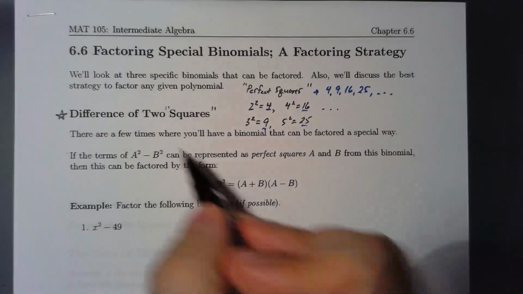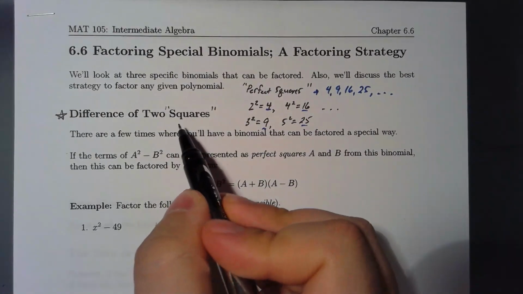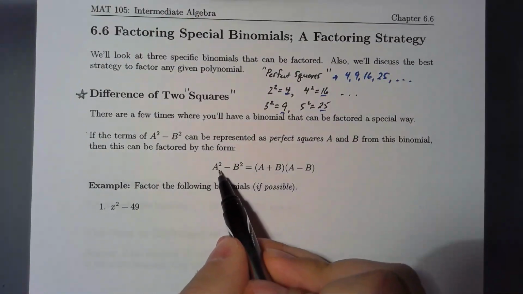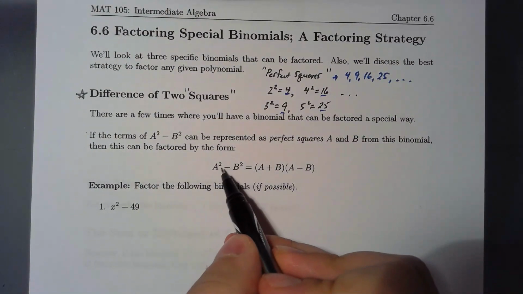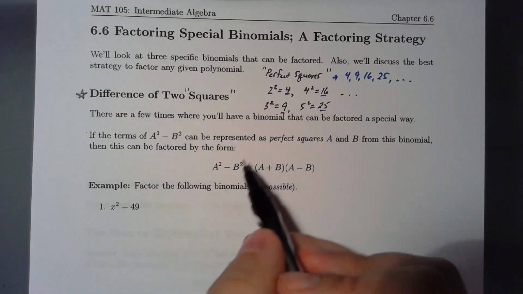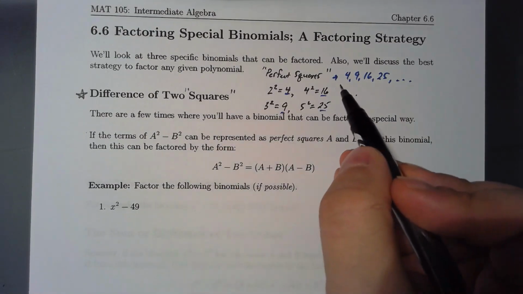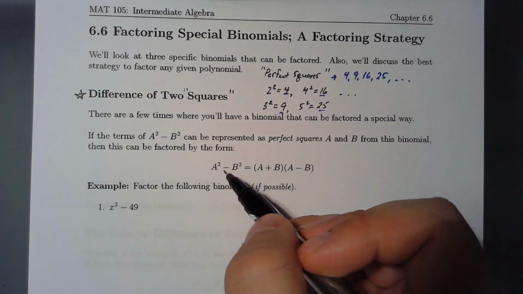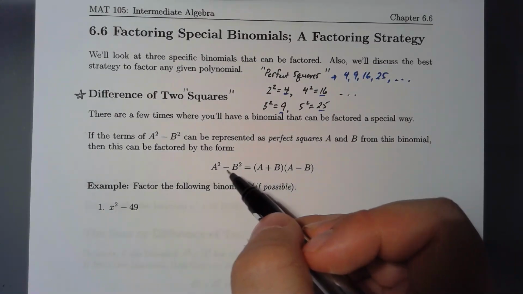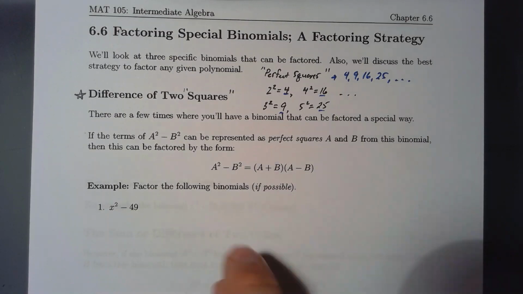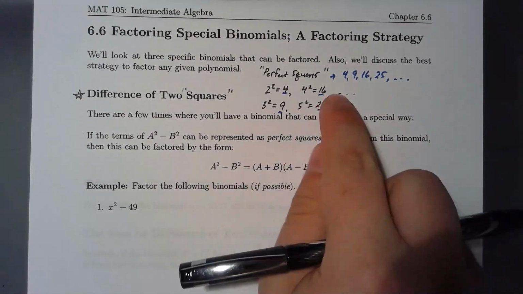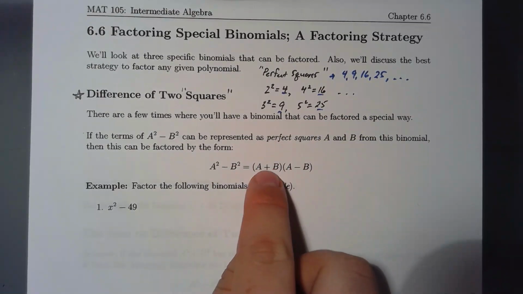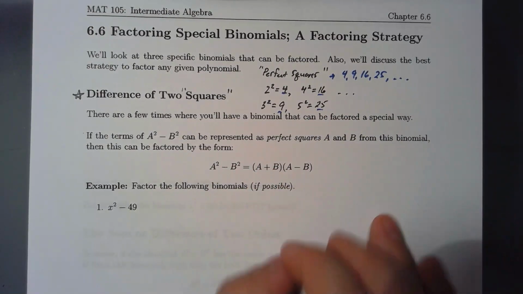So a difference of 2 squares is a binomial where the first term is squared, like x squared or y squared, and the second term, b squared, is a perfect square. If you have a difference, which means subtraction, of a variable squared and a perfect square, then you can factor it. The factors are just a plus b and a minus b.